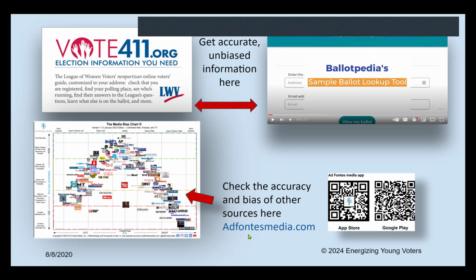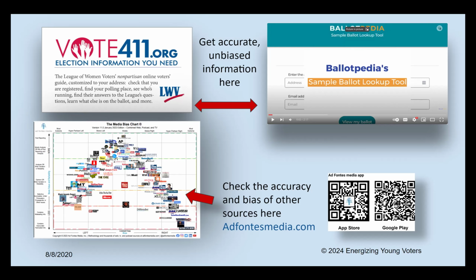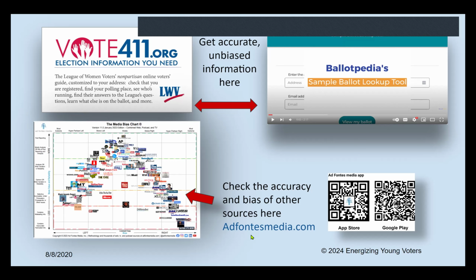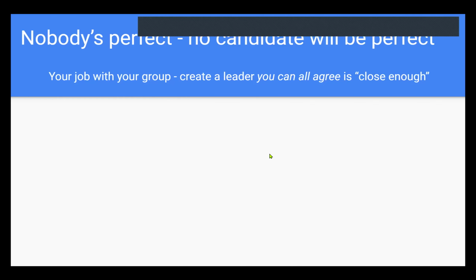But that's a way that if you hear stuff or if you see stuff in the paper, you can go back and find out whether or not that's a reliable source and how it leans, whether it leans left or right. And it doesn't matter if it leans a particular way. I wouldn't look at the real extremes, but if it leans a little bit left or a little bit right, and it's in the reliable part, you're still going to get pretty good information.